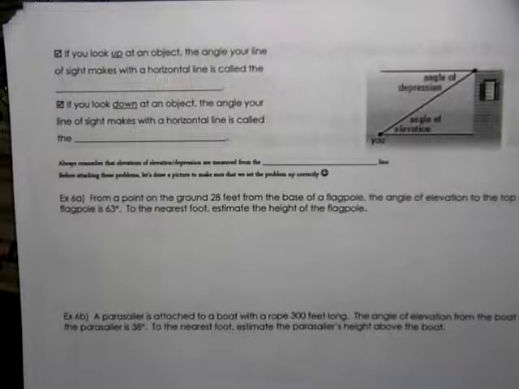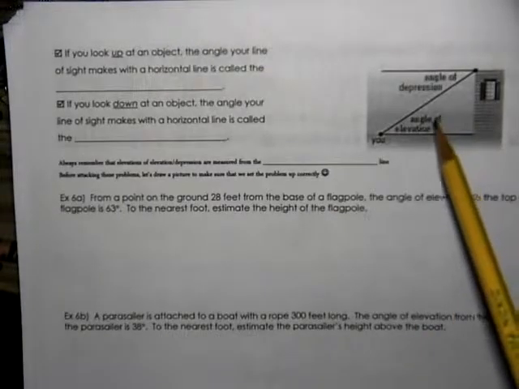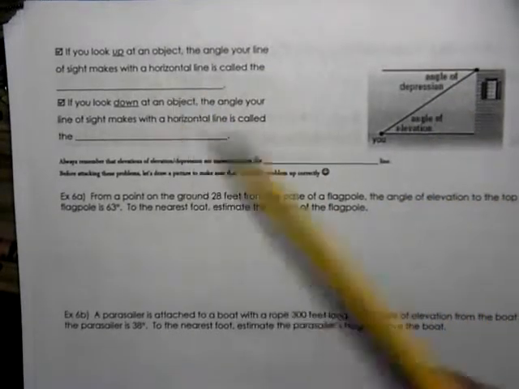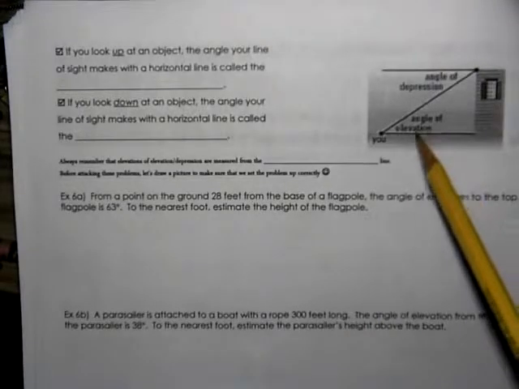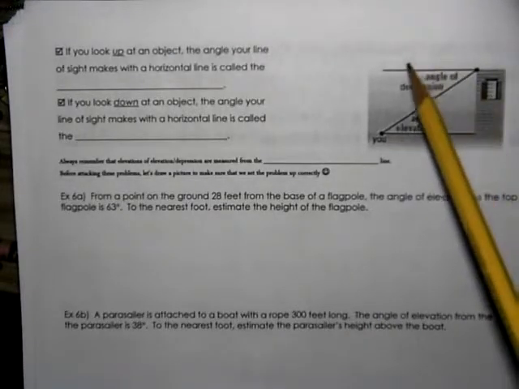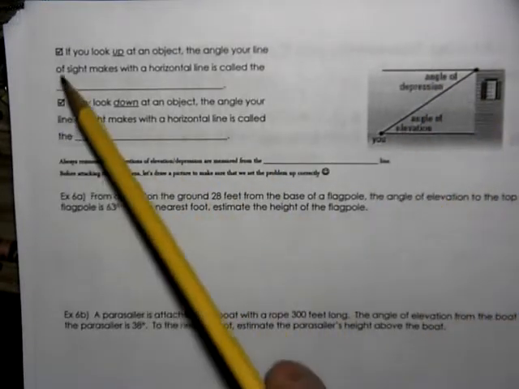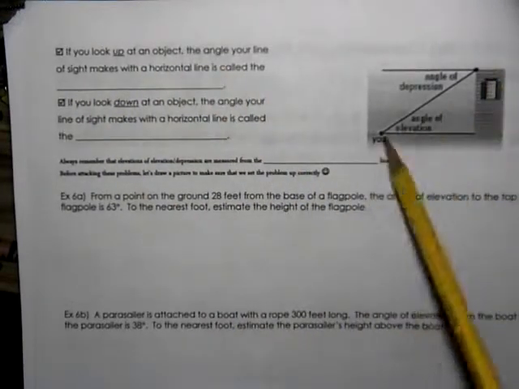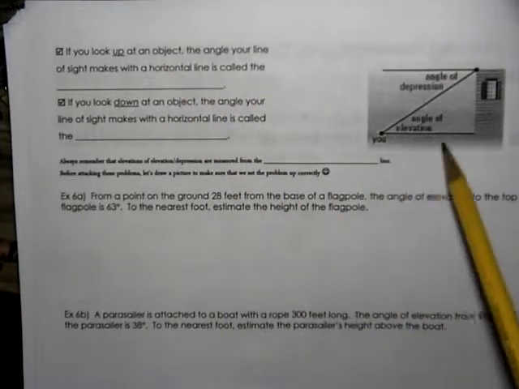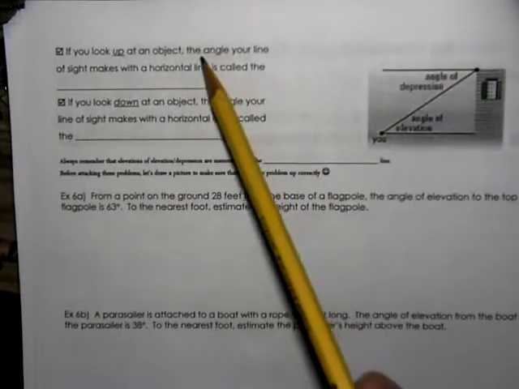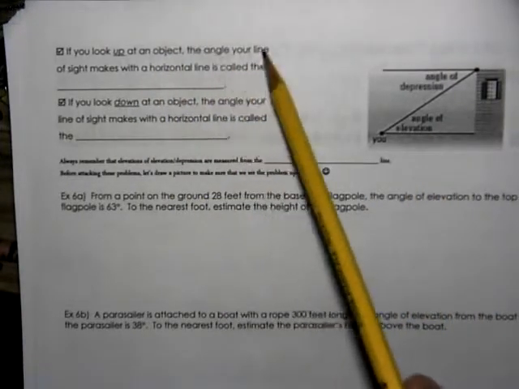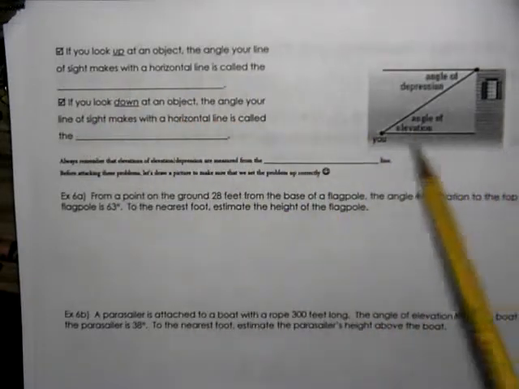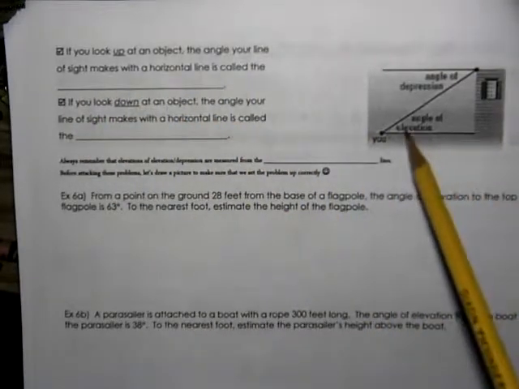On the flip side, we're looking here at the diagram. It's just giving us some notes on what is the angle of elevation compared to the angle of depression. If you look up at an object, so if we look at the top of the building, angle of elevation is your angle of line of sight with the horizontal.